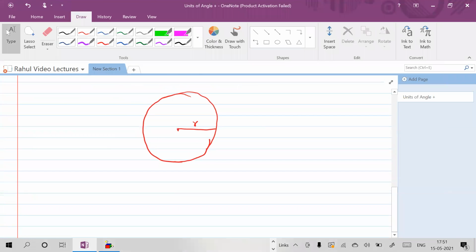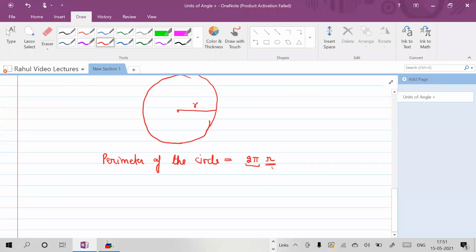Okay, so the perimeter of the circle will be equal to 2 pi r, and 2 pi is your complete circle angle, and r is the radius of the circle. And basically, that is your arc length.